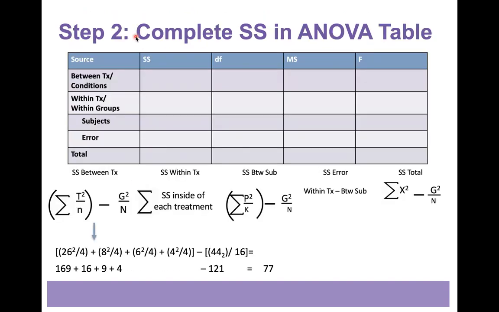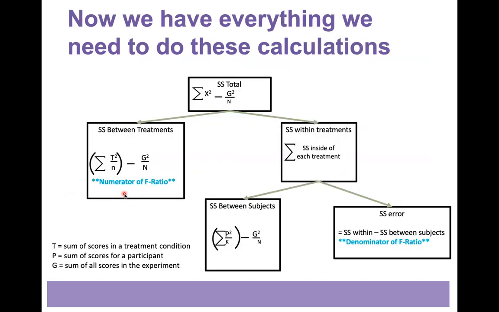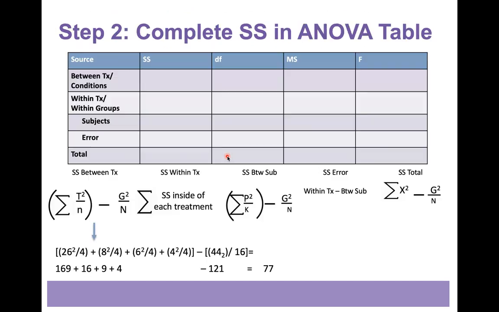So we took each of these formulas and we've listed it as a source of variability. So we have a sum of squares for between our treatments, a sum of squares for within our treatments, a sum of squares for our between subjects variability, a sum of squares for our error variability, and then our total sum of squares.